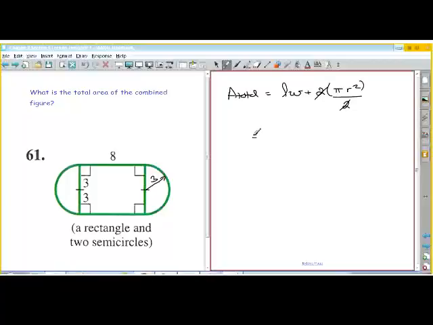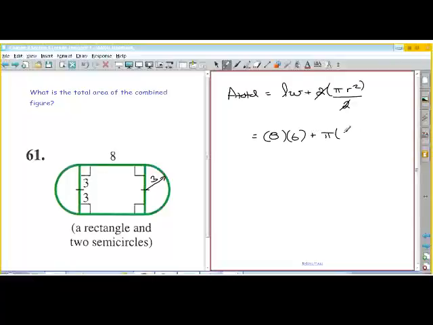So we get either 2 semicircles or 1 circle. And then we just plug the numbers in. So the length is 8. The width of the rectangle is 6. I almost wrote 3 down, but you have to make sure that you're identifying the correct dimension. So the radius is 3, but this distance is 6.